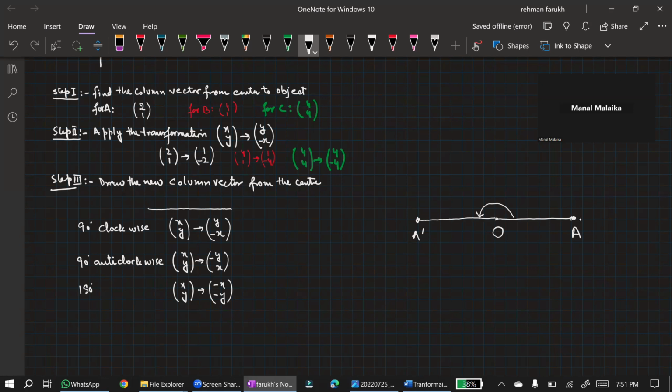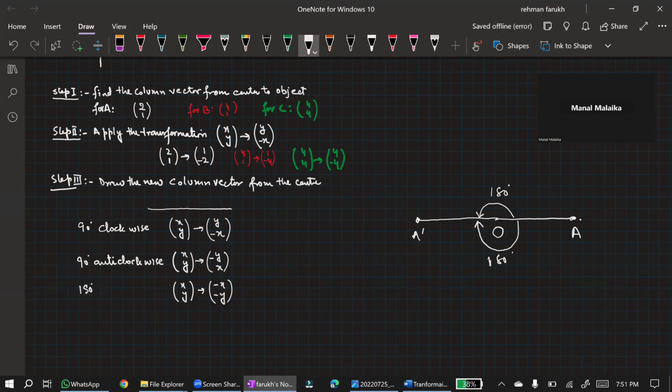And if I move this line OA clockwise about O, then this one is the rotation. In 180-degree rotation, there is no need to state whether the rotation is anti-clockwise or clockwise.